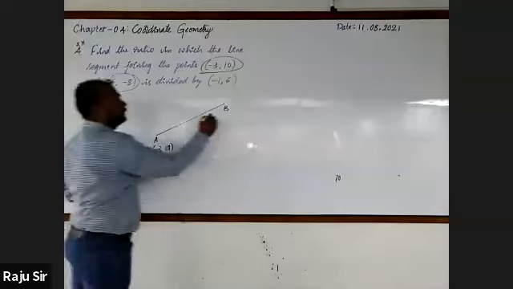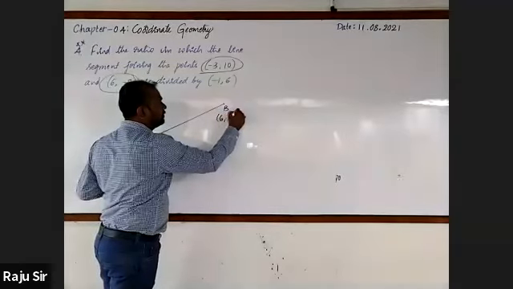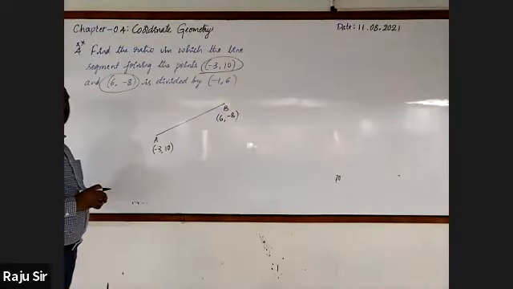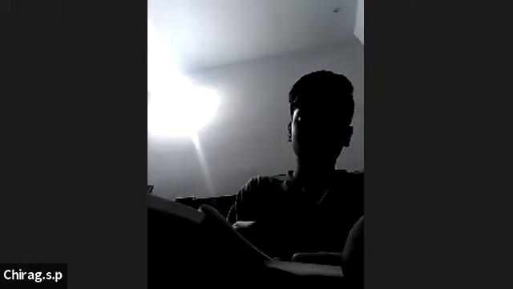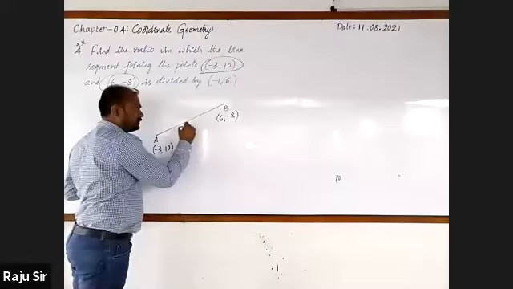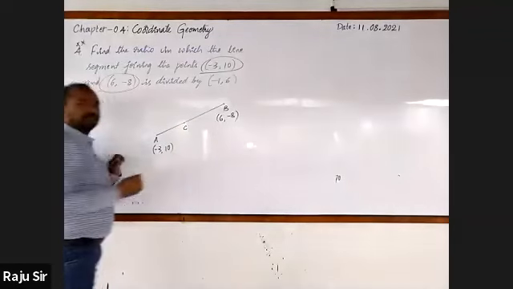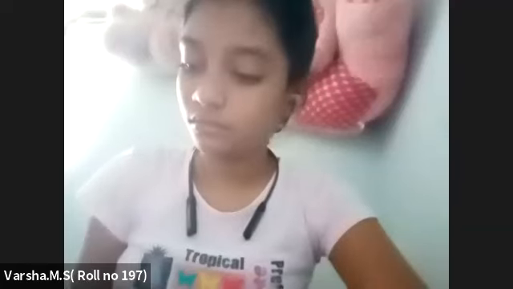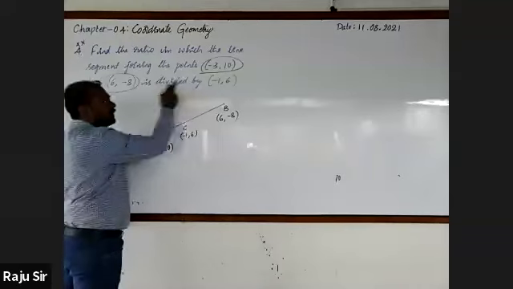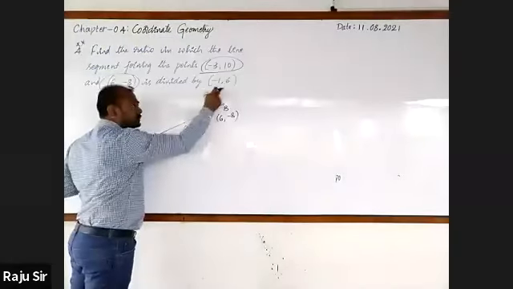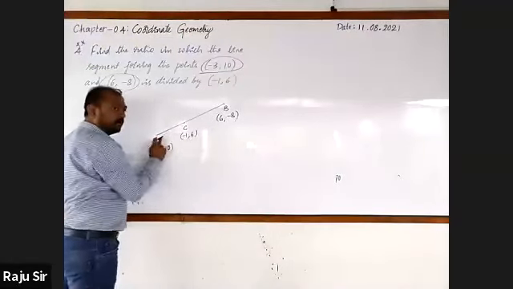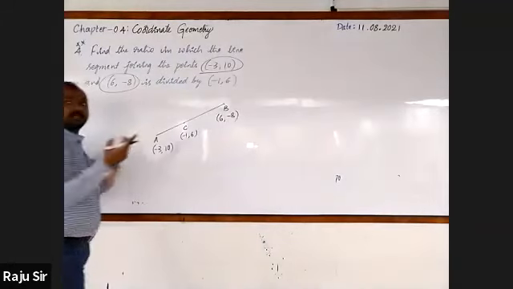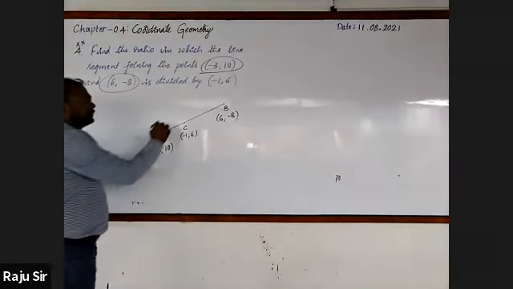Coordinates of B is 6, -8. This line is divided by the point, I call this C. Do you know its coordinates? Yes, it is -1, 6. -1, 6 will divide the line in some ratio. That ratio is unknown. This is to be found out.